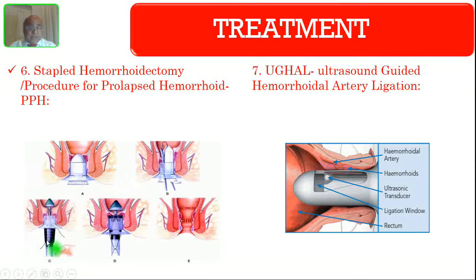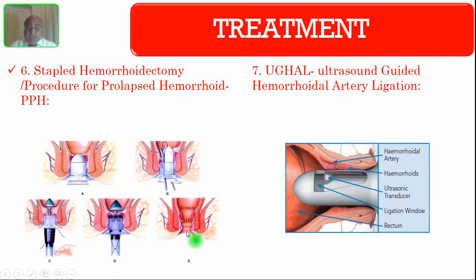So after putting the stapler inside, this is the anvil. Anvil should be above your pursing suture. Then you have to tighten this stapler. So you have to pull this pursing suture, and then you have to tighten this. Ultimately you will be cutting this excessive mucosa just above the dentate line and above this hemorrhoidal plexus.